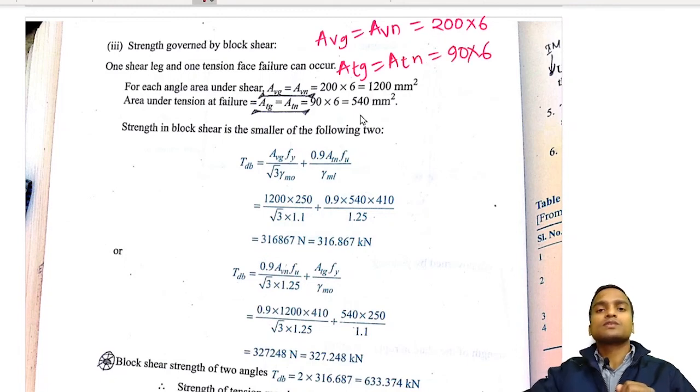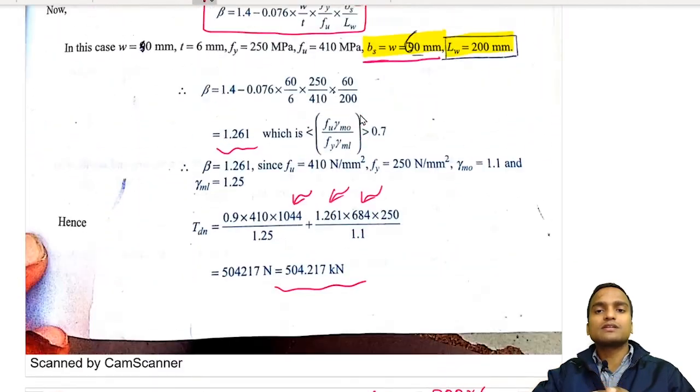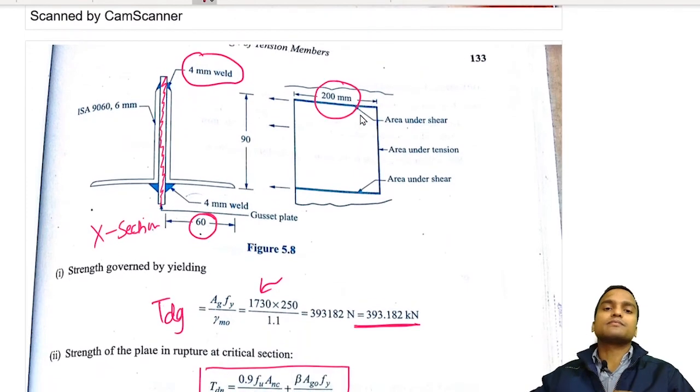Why is it 200 into 6 and 90 into 6? We can see from this diagram. This is my connected leg, which is 90 mm in length, and if we draw the diagram of the separated block, it looks like this.